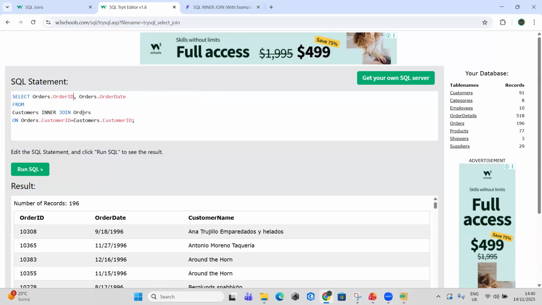Now if you change it back to customers and change orders here, even then the same result will come, because you are performing an inner join on them both. So the result will be the same. This will differ when there are different kinds of joins. So there you need to be more cautious about the placement of these tables.